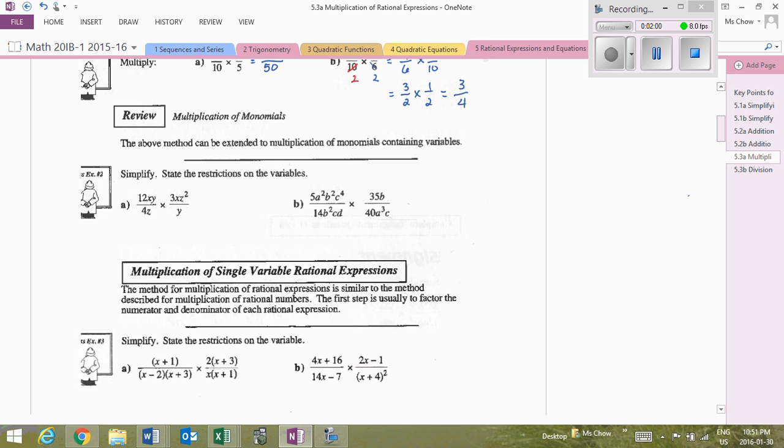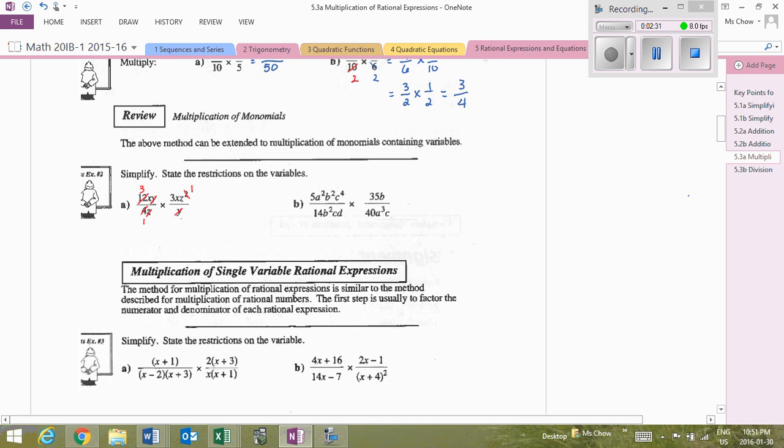So multiplying of monomials is where things can get really, really messy for sure. So keep track of things, especially if you're dealing with exponents as well. So taking a look right here, we've got 12 over 4, that can be reduced to 3 over 1, and then we've got a y here and a y here, and then the z here can be reduced with one of these z's here.